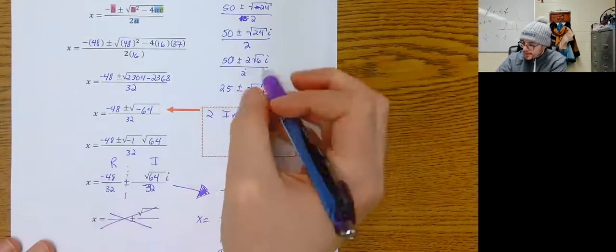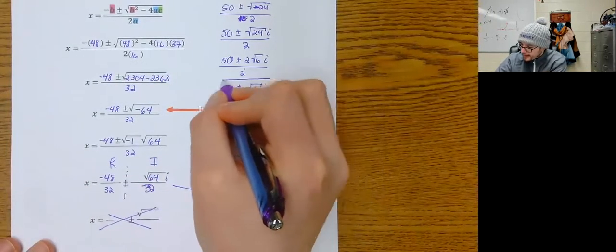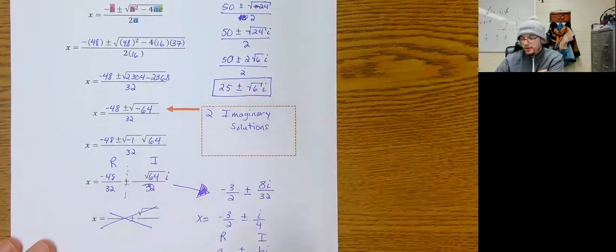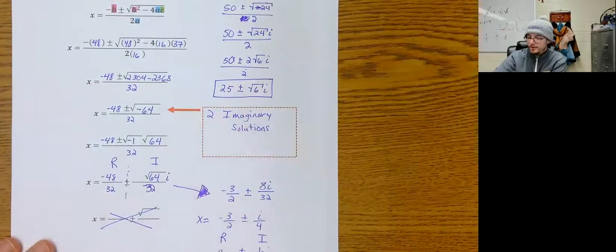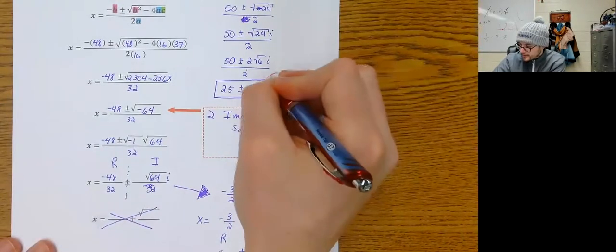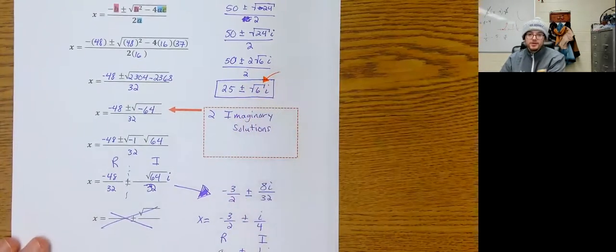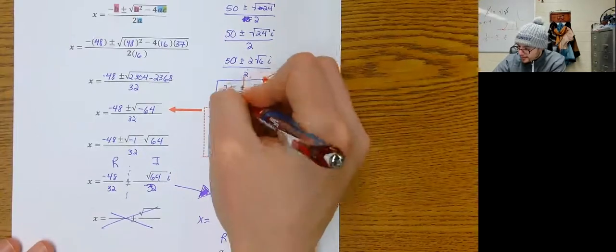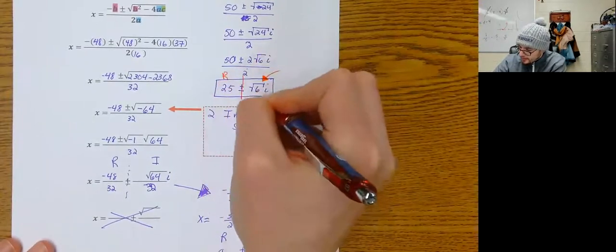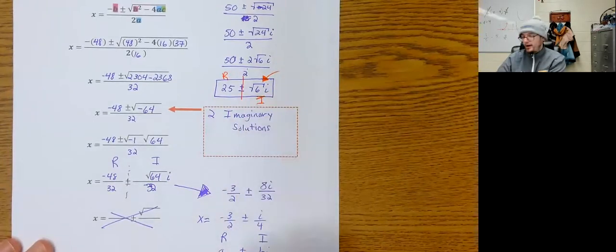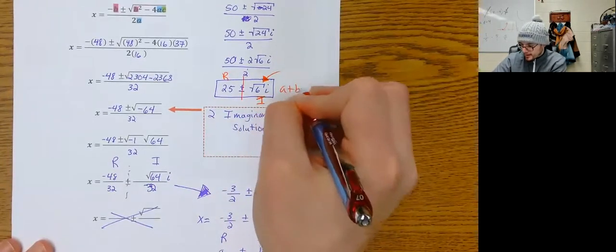So what I was trying to do with this problem is show you an example of an imaginary or a complex solution where you still have a radical. So you might still have a radical in your answer, but it's important that you separate it into the real and the imaginary parts, right? We want it to be a plus bi.